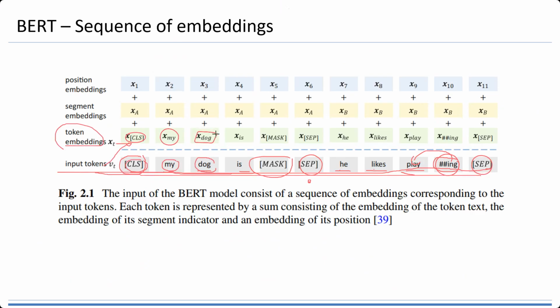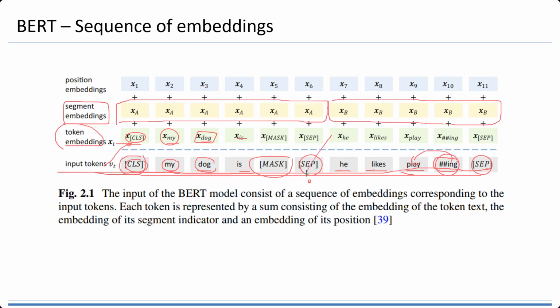And after we know this embedding for each token, next we will do the segment embedding. The segment embedding means I know that this belongs to the first sentence, and I know that this belongs to the second sentence because of the separator.